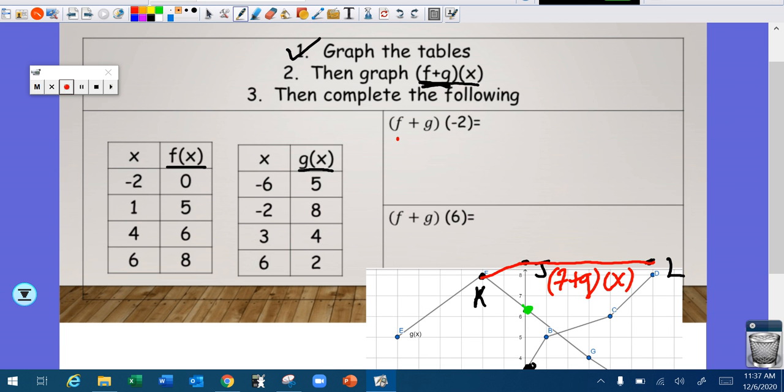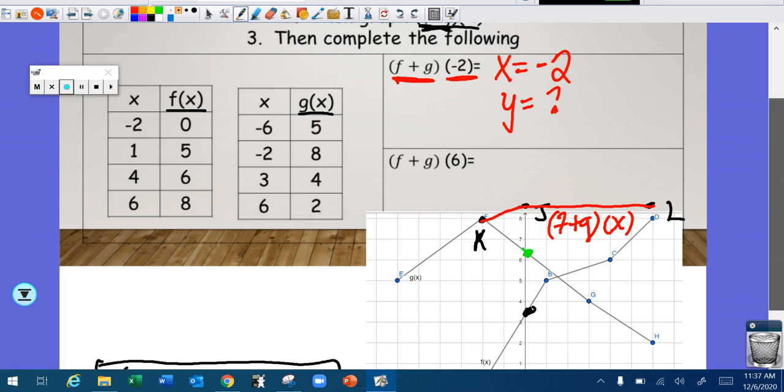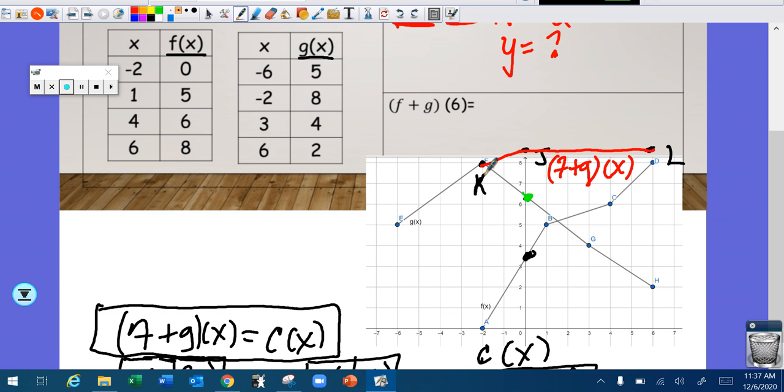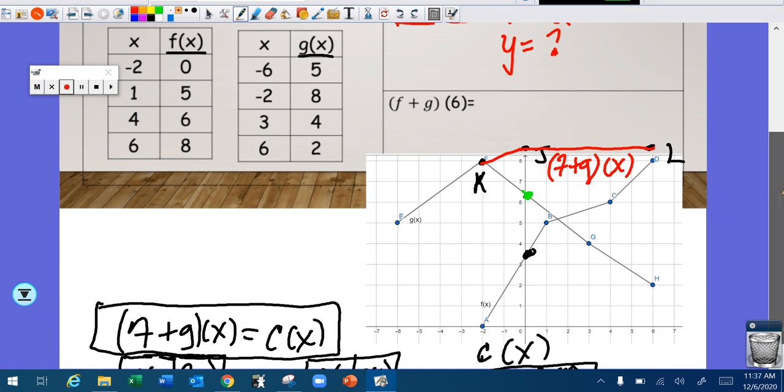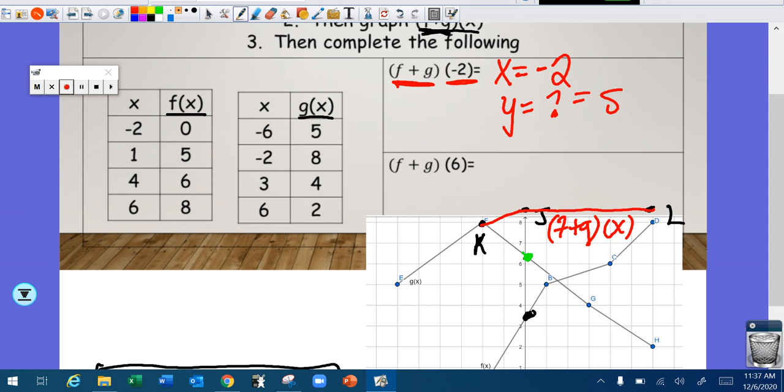So you go to the plus function, which is in red, and it's telling you tell me what the Y is when X is -2. That's what we're looking for. So I'm going to go to -2, and the Y value is 8. So the answer to that question is equal to 8.